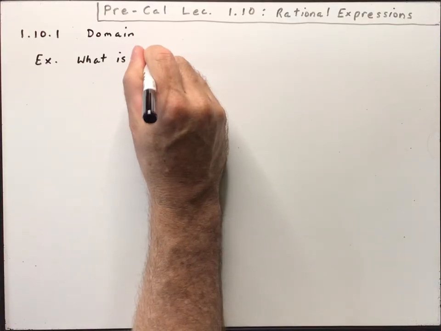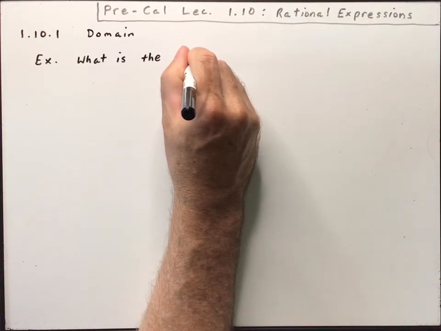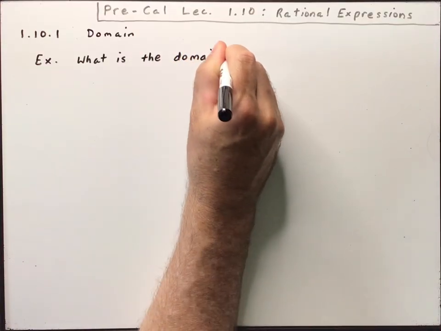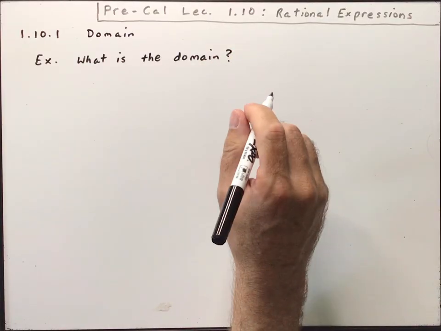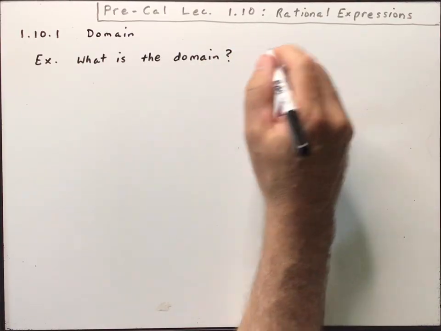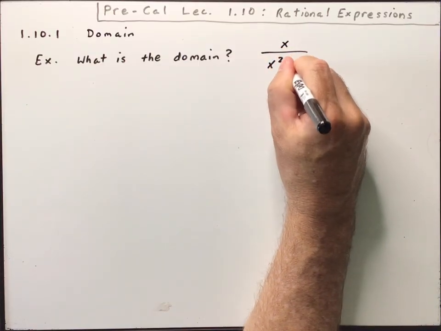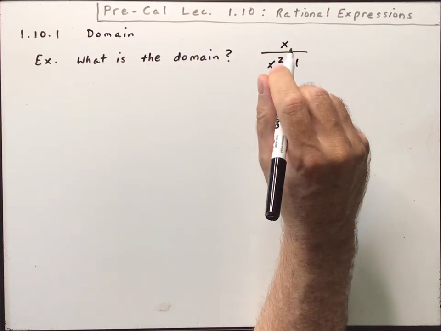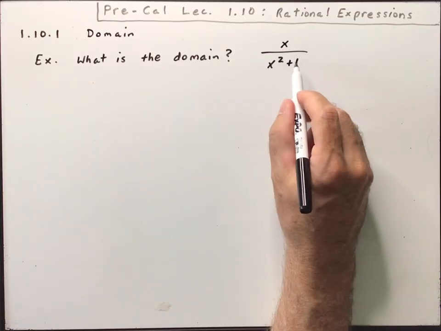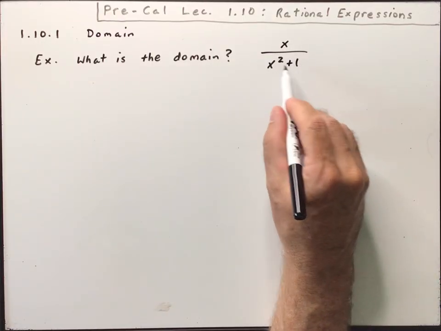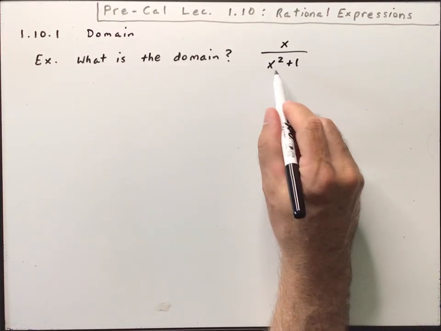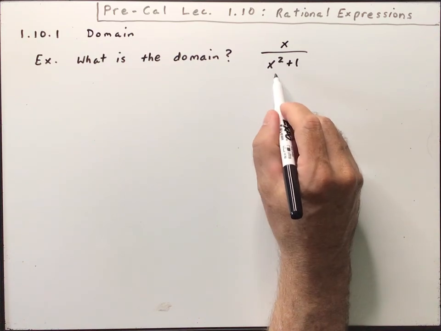So what is the domain? And we have x over x squared plus 1. Well, if you look at that denominator, all we care about is the denominator. That denominator can never be 0. If you have a negative number and square it, it'll be positive.